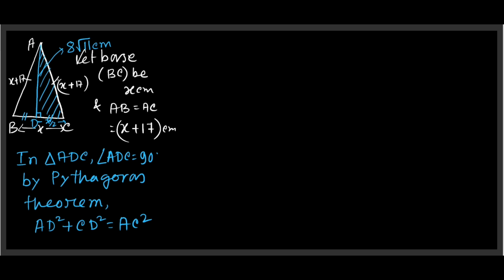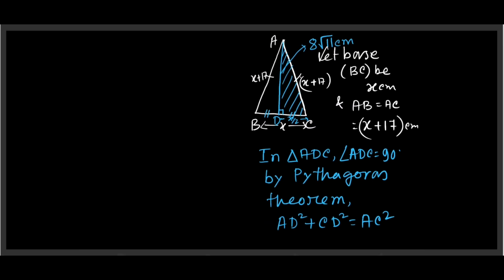Now putting this in the equation, we get AD is given as 8 root 11 in the question square, plus CD is x by 2 square, and equal to AC. AC is x plus 17 whole square.